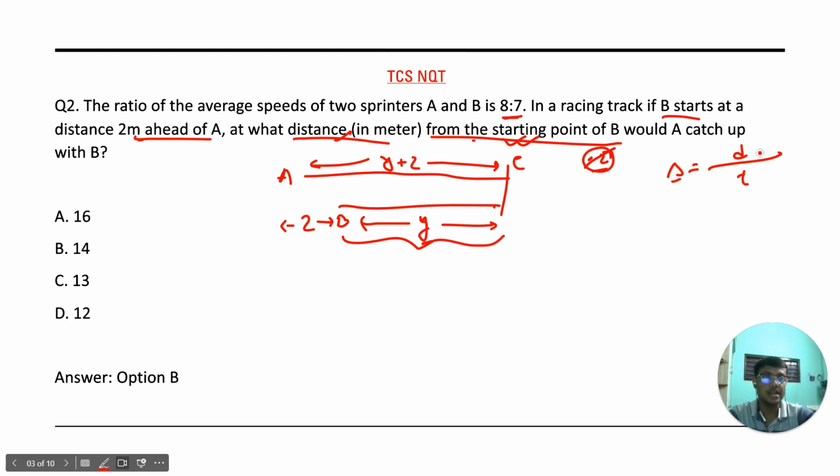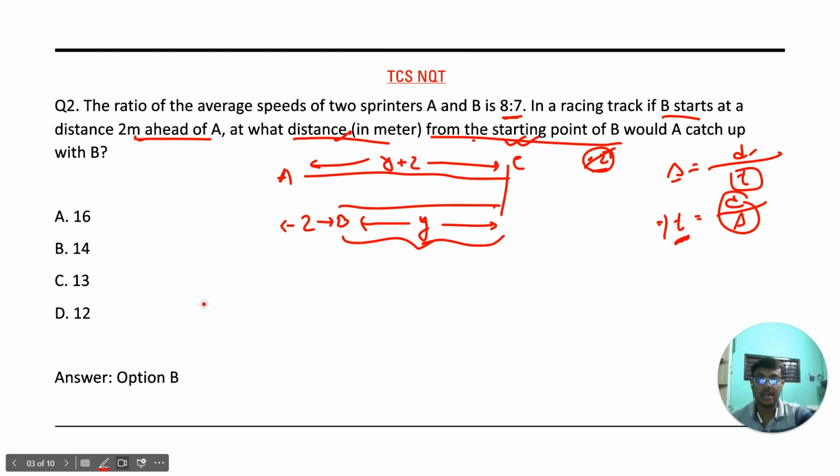The speed is variable and distance is also variable. The only constant here is time. So, if we take t equal to distance by speed, for the two sprinters we can calculate this and equate them with one another because we know that time is constant.